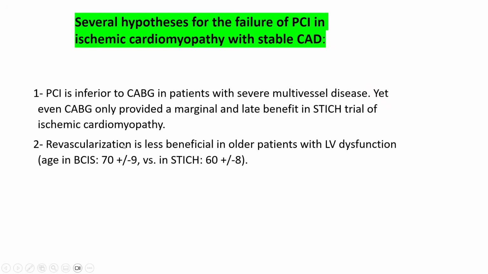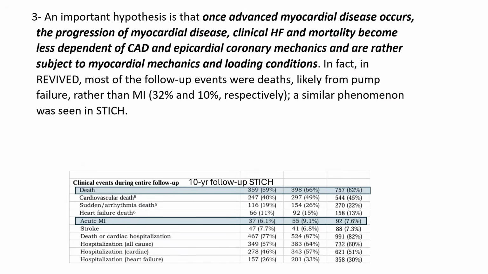And the second hypothesis is that revascularization is less beneficial in older patients with LV dysfunction, and REVIVED took relatively older patients than STICH. And we know in STICH, most of the benefit was on those patients less than 55, 60 years old.